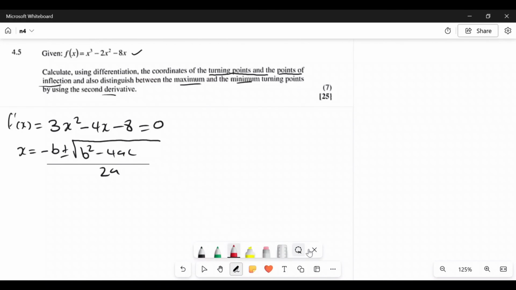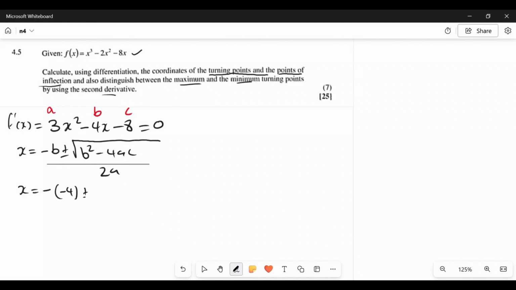Now, for those who don't know, in a trinomial, we have the coefficient of x squared, which is going to be a. In this case, it's our 3. And then the coefficient of x is going to be negative 4. And the constant there is going to be negative 8. Right, so we have to substitute those coefficients and the constant in our equation. So we have x equal to negative b, but in our case, negative b is going to be negative 4.